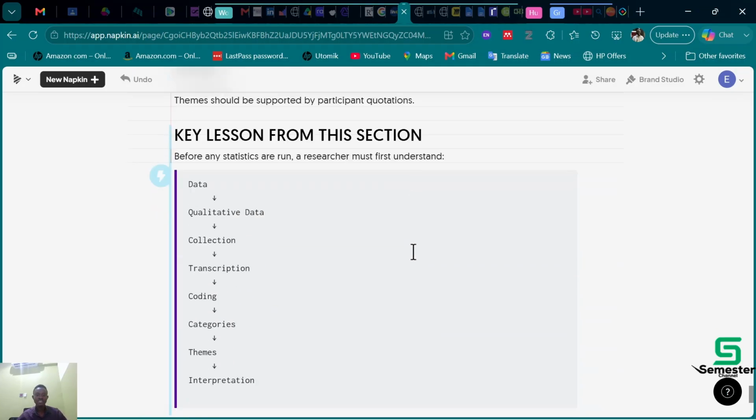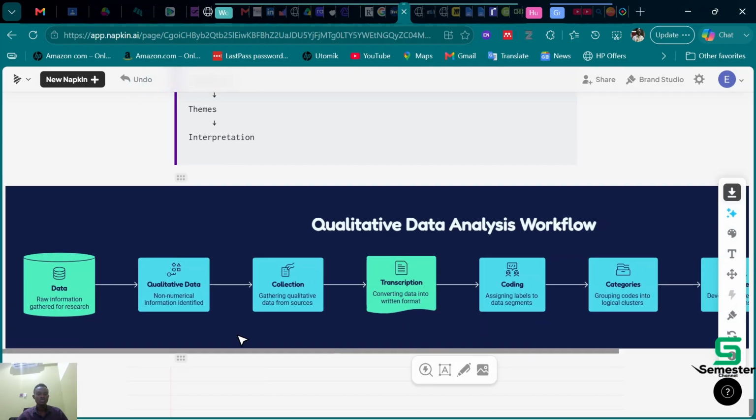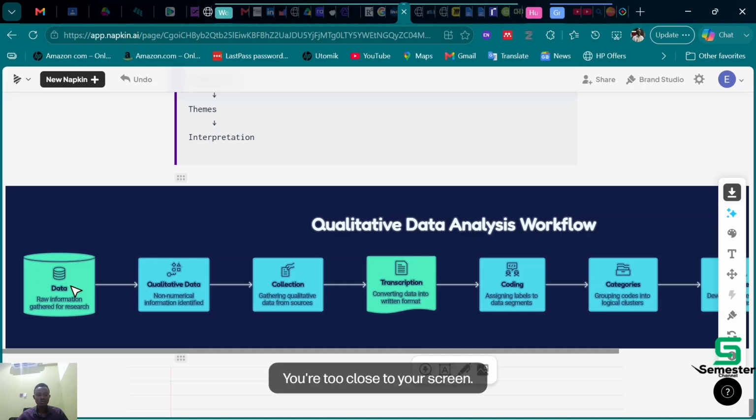And then finally, let's look at the lessons we've learned from this section. So we know we've spoken about what raw data is, that we have to convert data into what? Information, right? You group the data into information. We have qualitative data, which is non-numerical. The sources of collection are interviews and focus group discussions.